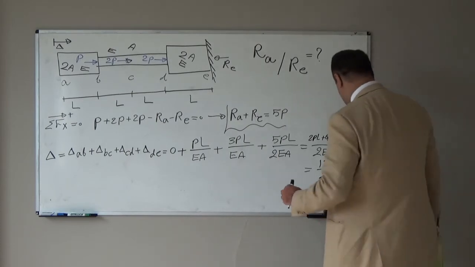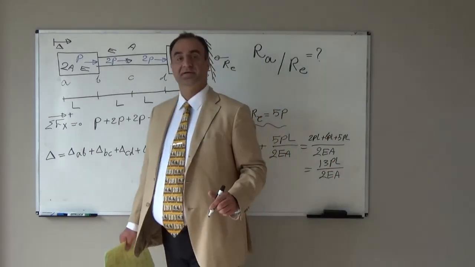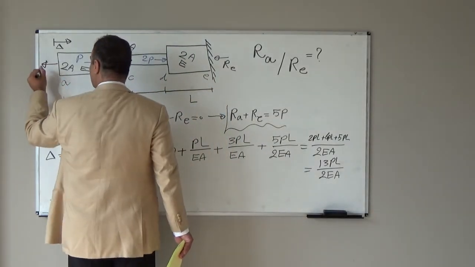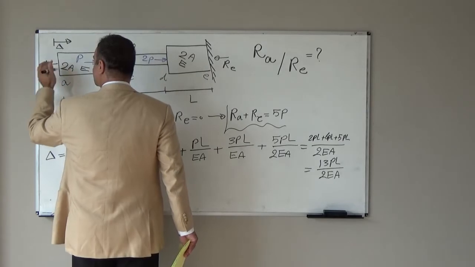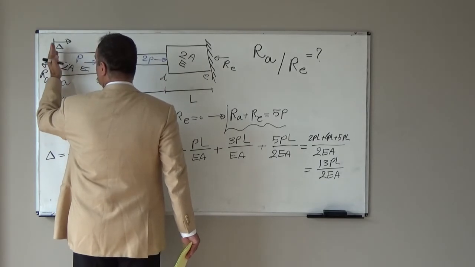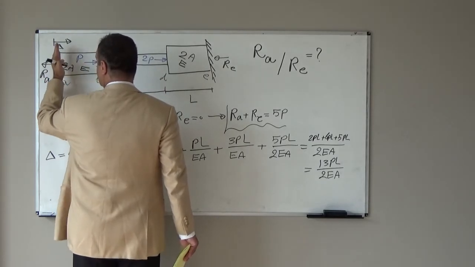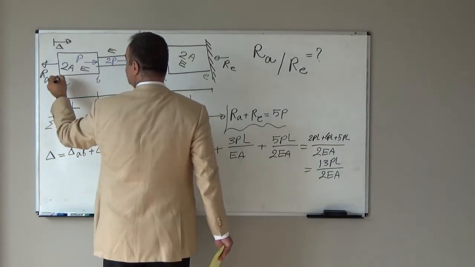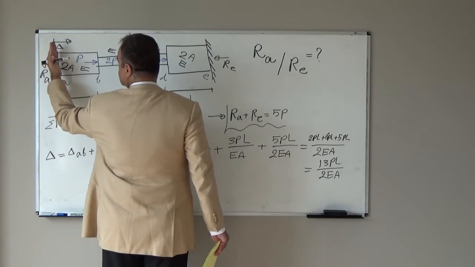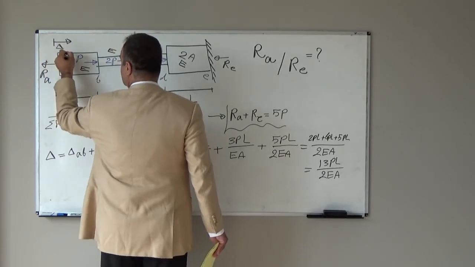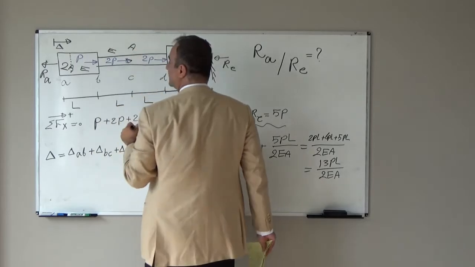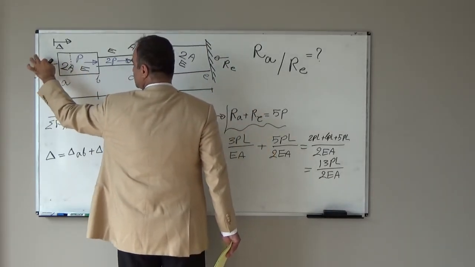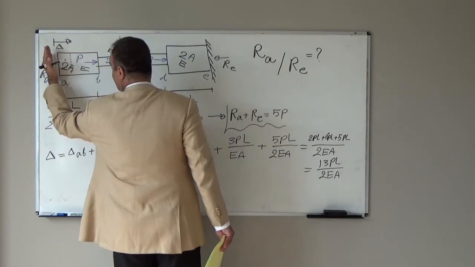But in reality, because we have support here, this support will apply a reaction. That reaction will move this section from right to left as much as delta. So first, if we don't have this support, this section will move here, then because of this external reaction, like an external load here, this will move back.